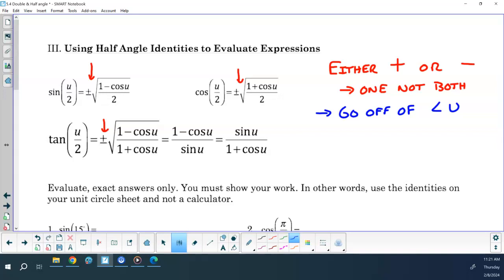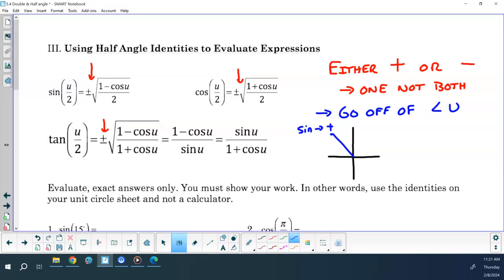So for instance, if angle U is in quadrant number 2, then the sine is positive and only positive. With me? Cosine's negative, tangent's negative.